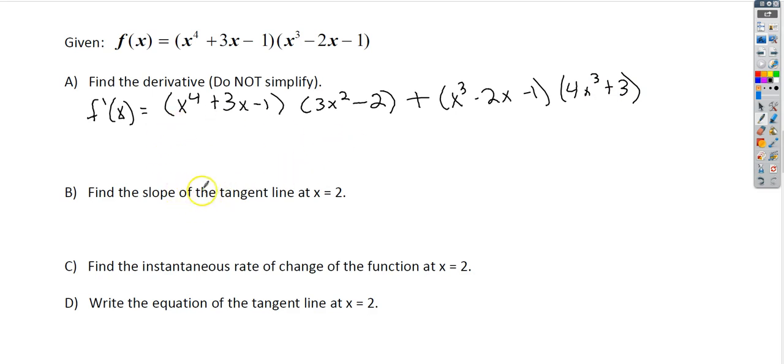Okay, now since this is the derivative, we can simply put 2 in there just like it is. We don't have to simplify it.